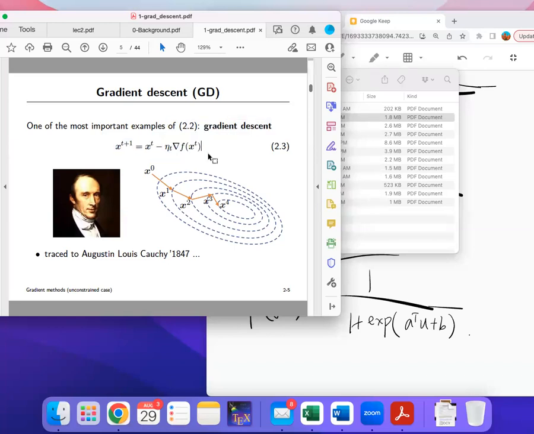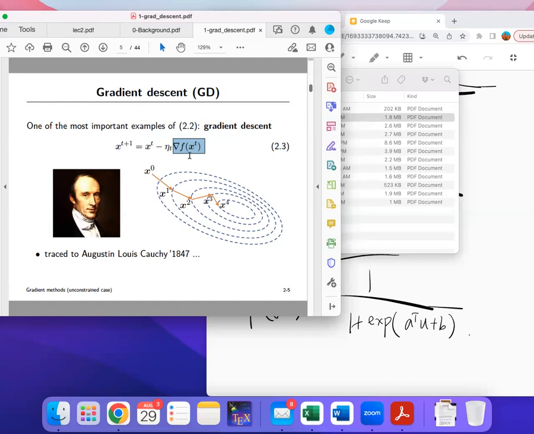So xt+1 is xt minus eta_t times the gradient at xt. So what you do is this. At any step t, you compute that gradient, suppose you know how to compute it. After that, you can follow this equation to get xt+1.